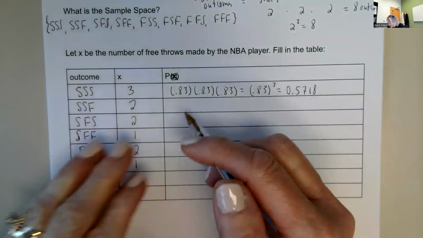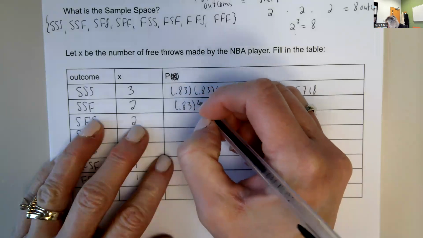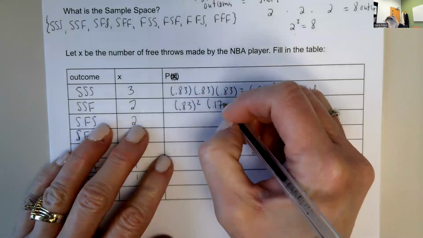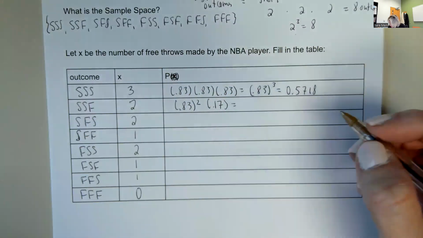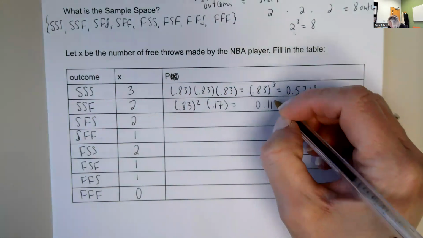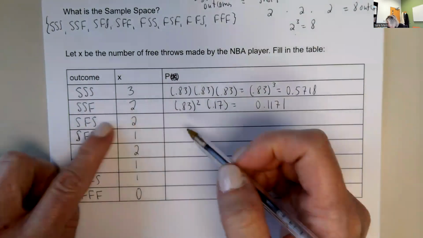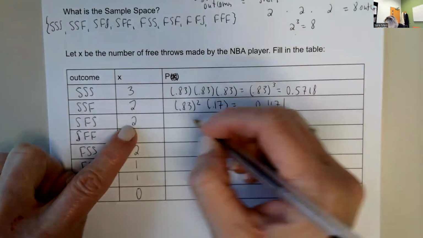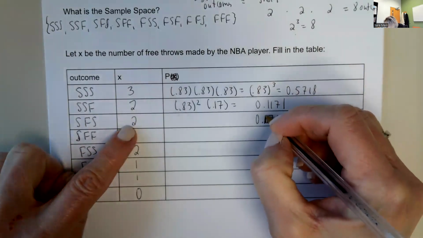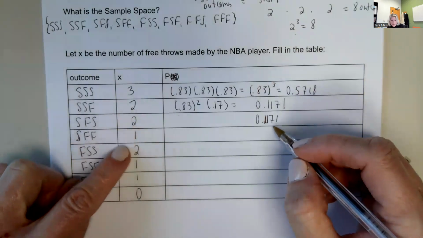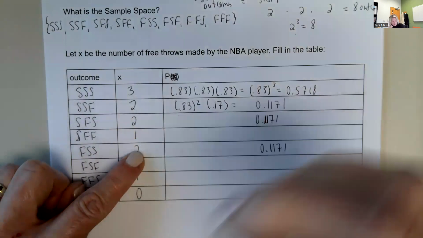Now, the outcome where we have 2 successes, we have 0.83 squared times 1 failure, 0.17. And that comes out to be 0.1171. And so this outcome here is going to be identical because there's also 2 successes. And this one down here is also going to be identical because it's 2 successes.